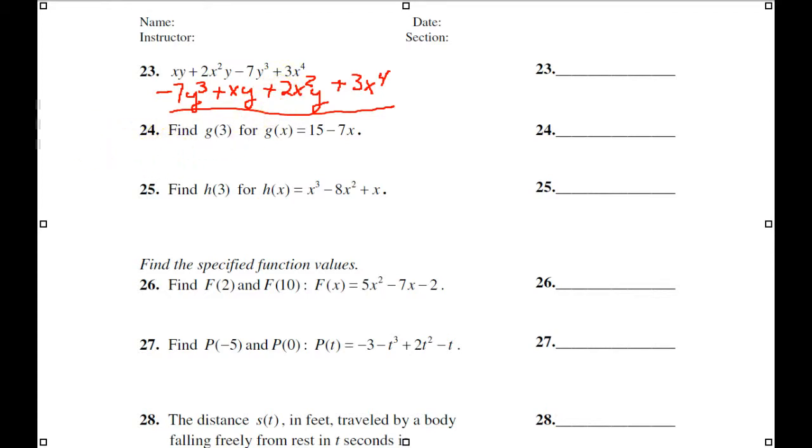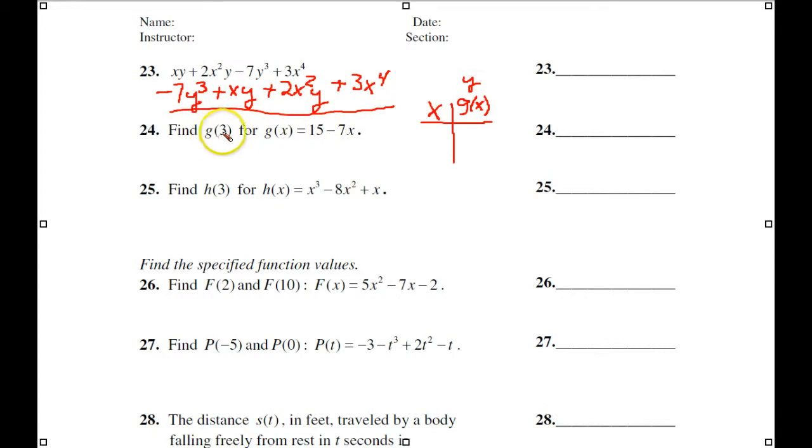Okay, now for number 24, they're kind of going back to what we did in an earlier chapter. And for these, in a sense, you could make a little t-chart. And here, this is going to be g of x, which is our y value, remember.